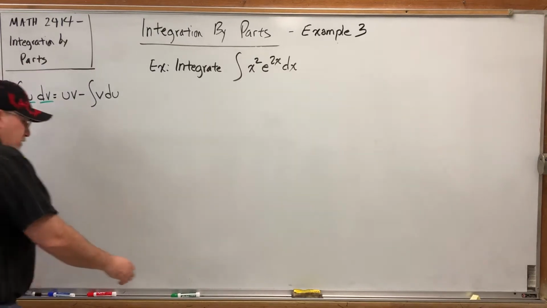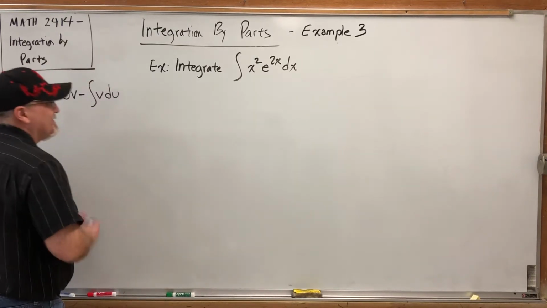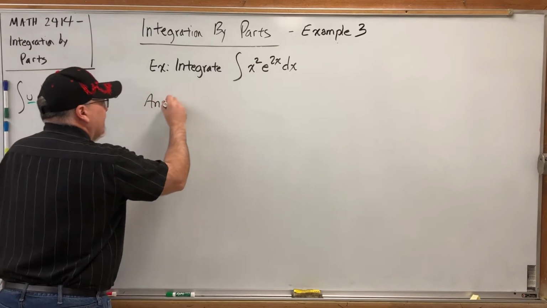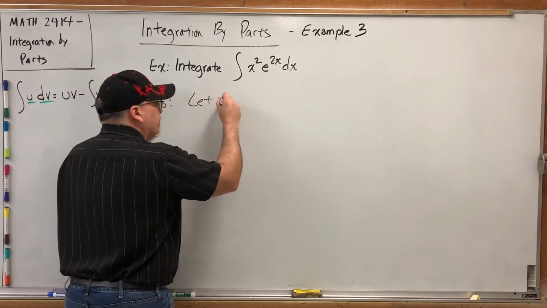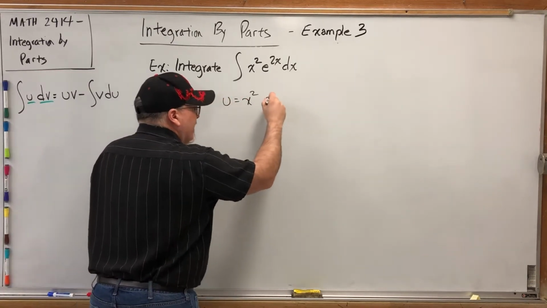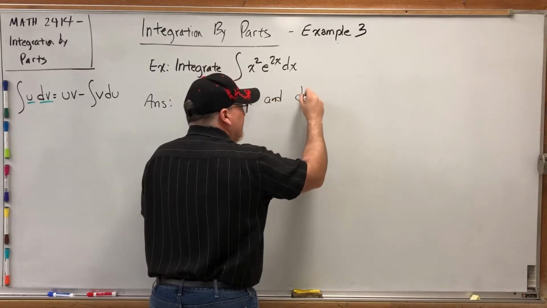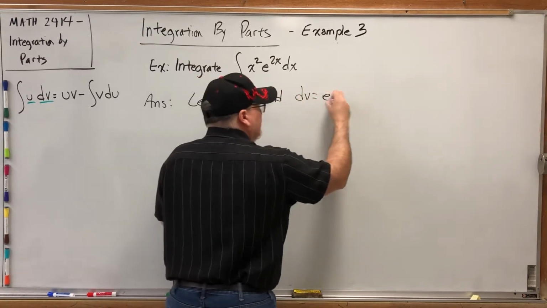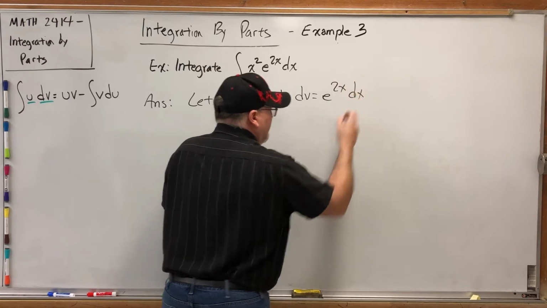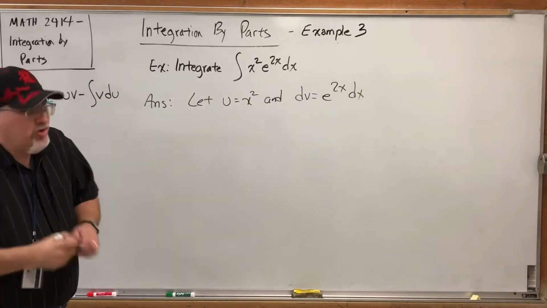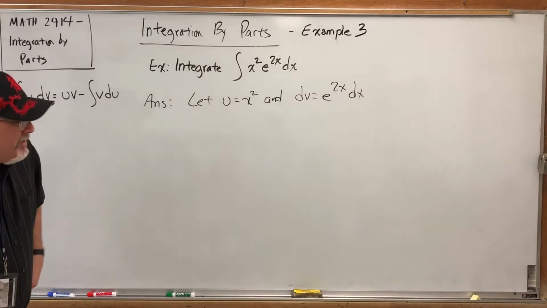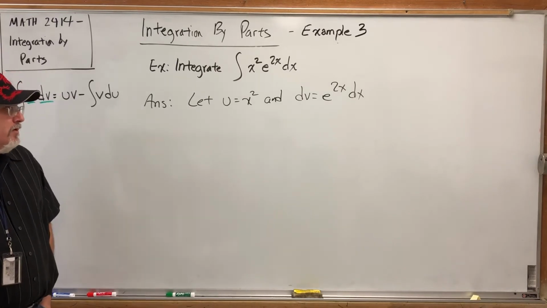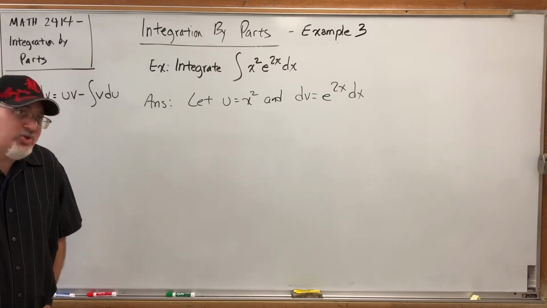So that being said, we're going to attack this by letting u equal x squared and dv equal the rest, which is e to the 2x dx. Now before we jump into this, you might realize that there's going to be a problem even with this choice, which is the correct choice, by the way.